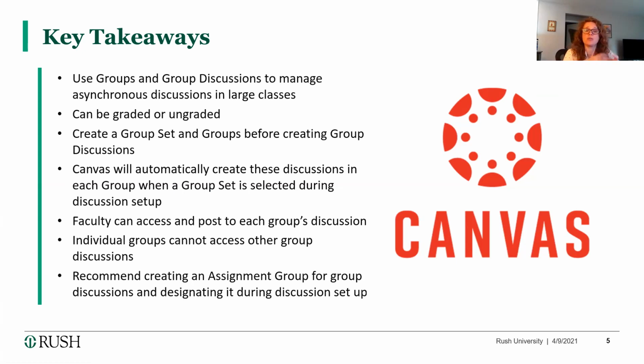They are confined to that group space for the purposes of discussion and collaboration. And then I recommend that you create an assignment group for group discussions, creating that prior to and designating it during the discussion setup, for the purposes of more easily grouping your assignments in your grade book.